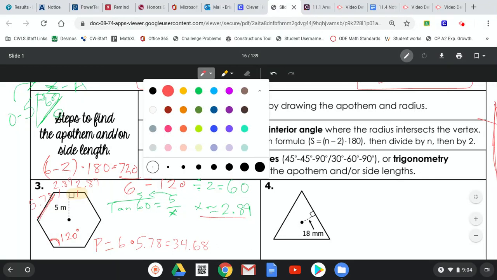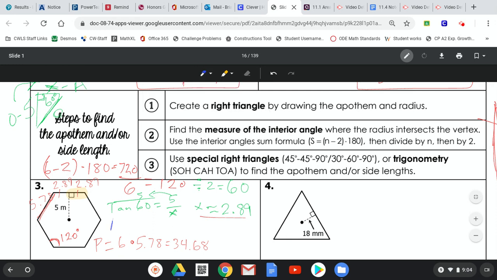So the area, we already know what the apothem is: 1/2 times the apothem, which is 5, times 34.68, which equals, for our final answer here, 86.7 meters squared. Or centimeters squared, I'm sorry, meters squared.